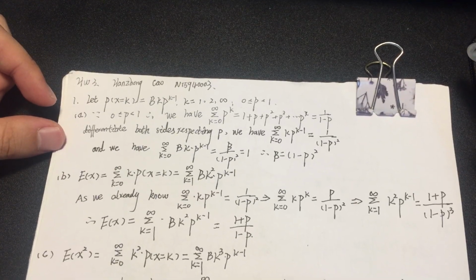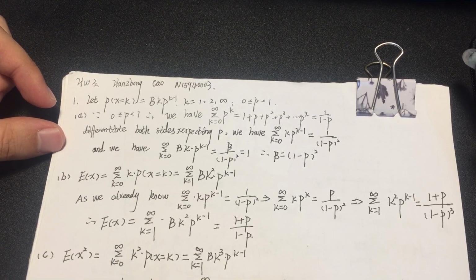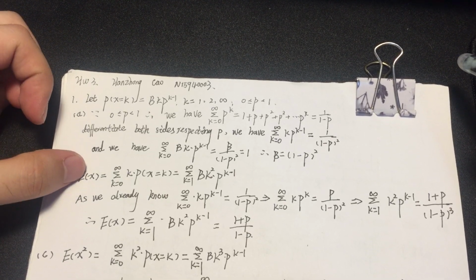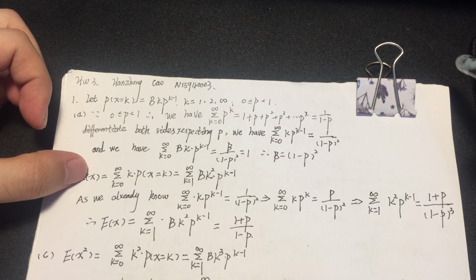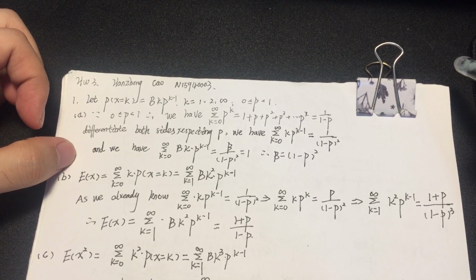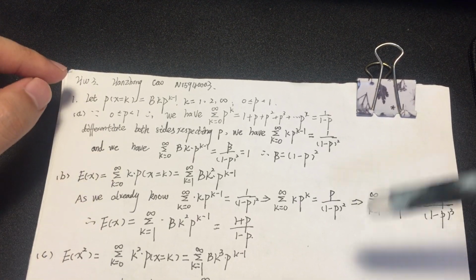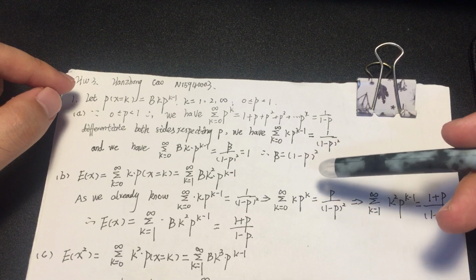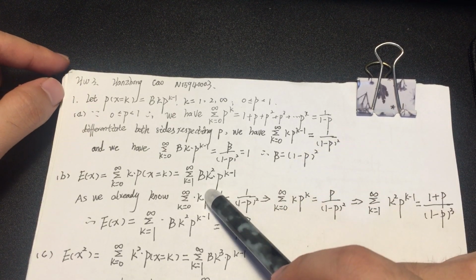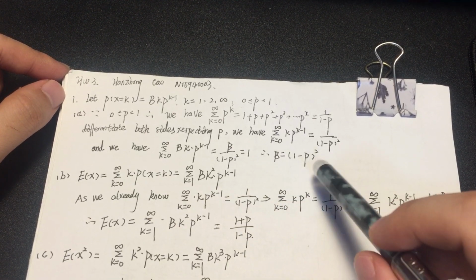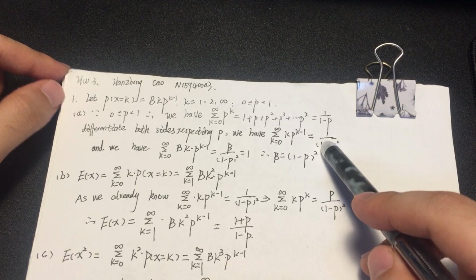The second question asks about the expectation of x. If we want to calculate the expectation of x, we have to multiply k and the probability, and then calculate the sum of them. So if we multiply k into this equation, we have to make use of the last equation we differentiated.